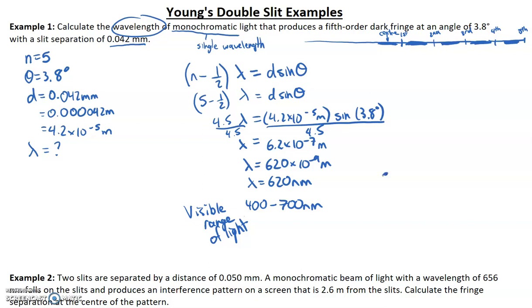And so we can conclude, therefore, that the wavelength that's shone is 620 nanometers, or you could say 6.2 times 10 to the negative 7 meters. So that's the first example.